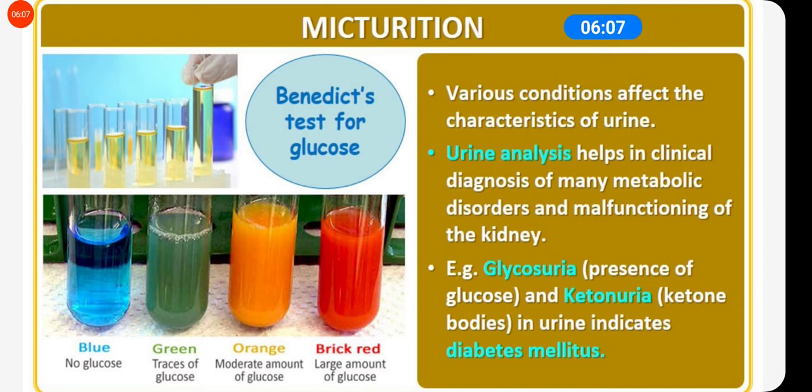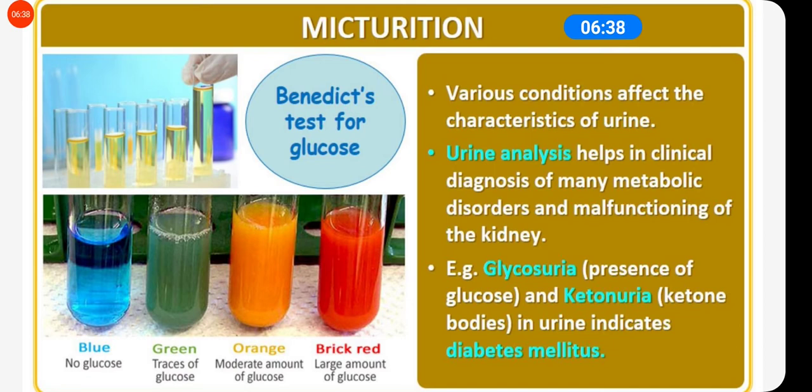So excess glucose or ketones in the urine are indicative of diabetes mellitus. If protein is present, it is called proteinuria. If blood, hematuria, or if pus is there, it is called pyuria. So different types of disorders can be detected with the help of urine.